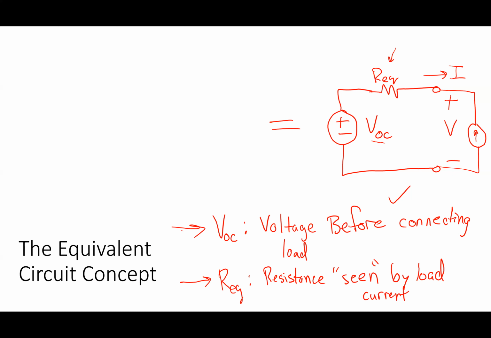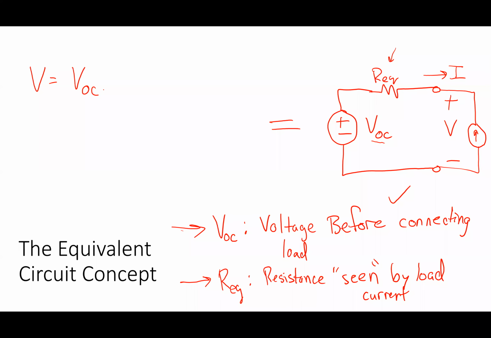So if I looked at that circuit right there, I could look at it by superposition. What is the component I get for the voltage V at the terminals if I just looked at the voltage source? It's VOC.